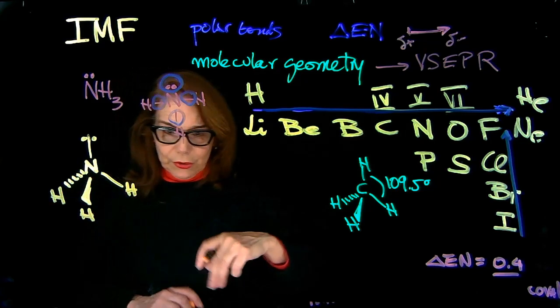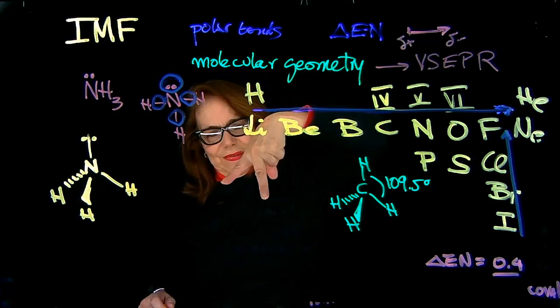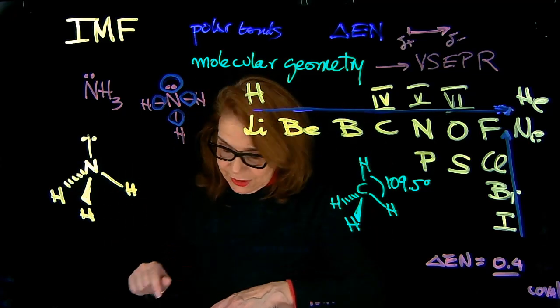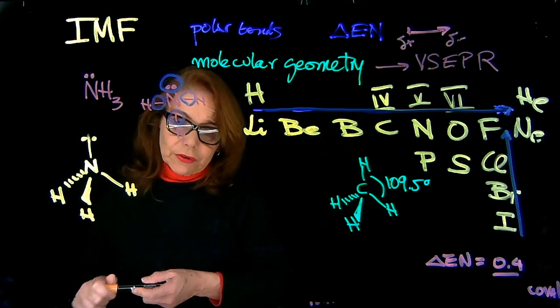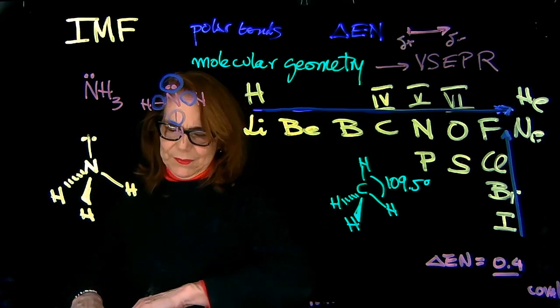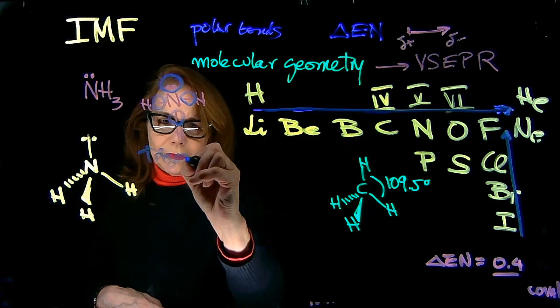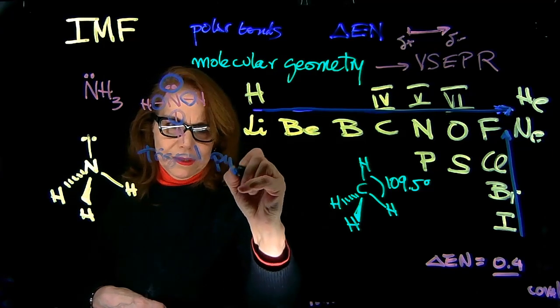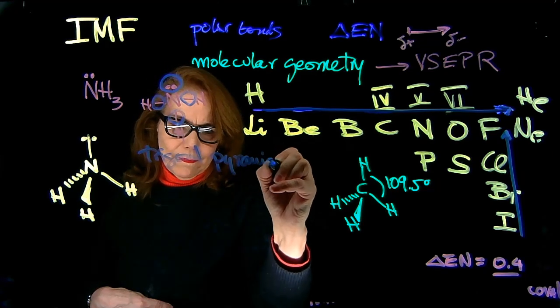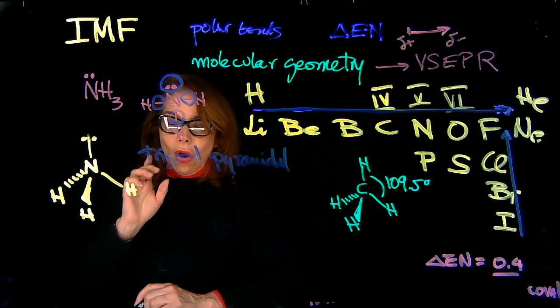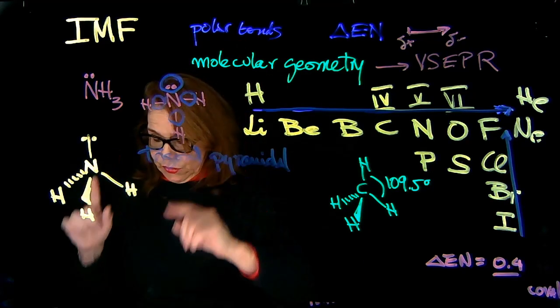Now this molecule is like this, and it's not planar, so we call the geometry trigonal pyramidal. Let's write that down. This is trigonal pyramidal. That is tetrahedral, methane.